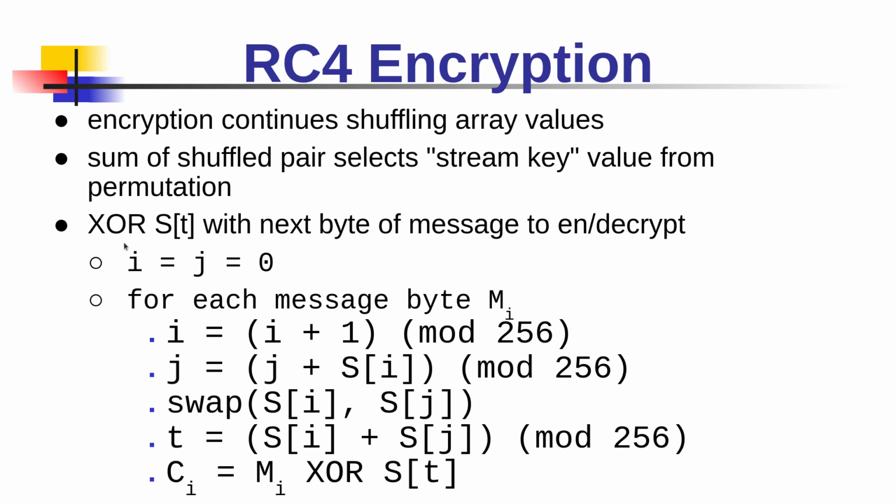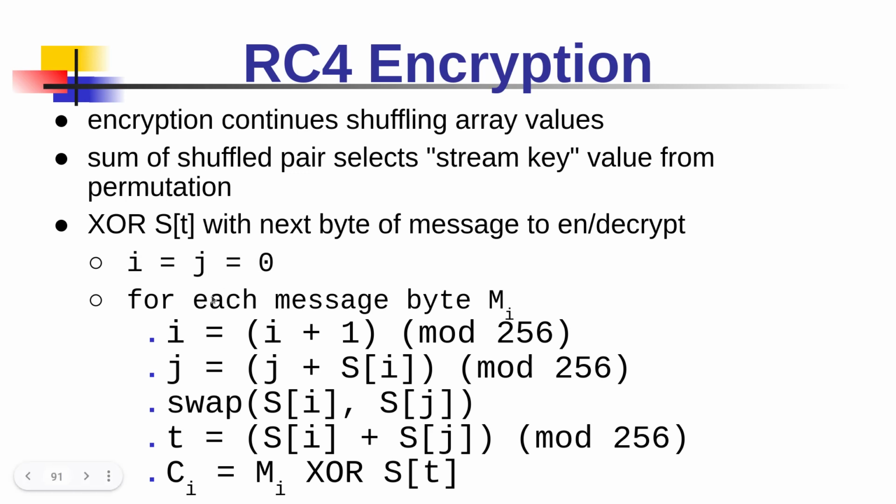Okay, so now how the actual encryption is being done. We already saw how t is calculated. S of t is going to be taken to do the stream cipher of a particular byte. For the actual message encryption or decryption, i is equal to j is equal to 0; first it is initialized to 0.